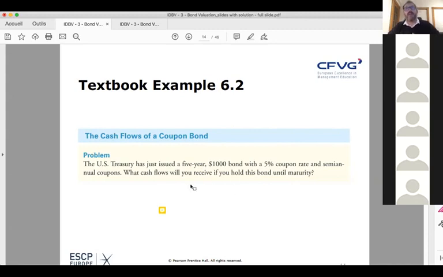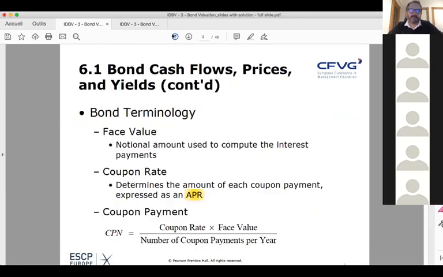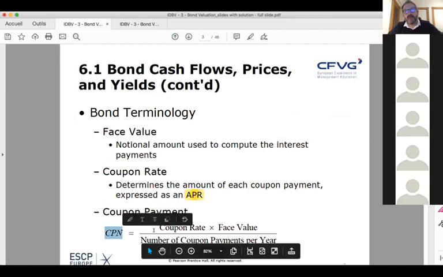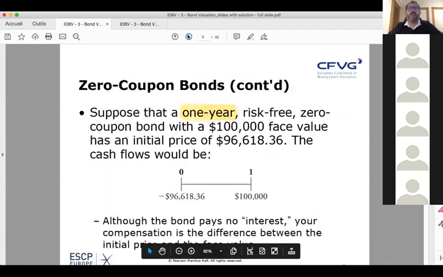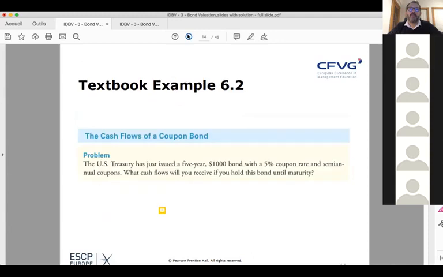Okay, so if you remember again what I said in the beginning of the chapter, the coupon will be calculated as coupon rate times face value divided by the number of coupon payments per year. So that means that here we have 1,000 times 5%, so that's 50, divided by 2 because we have semi-annual coupons. So it means that we receive 25 every time we receive a coupon from that bond, okay?